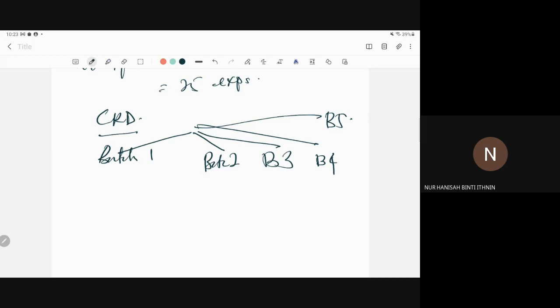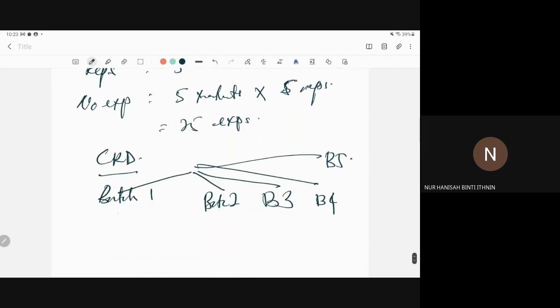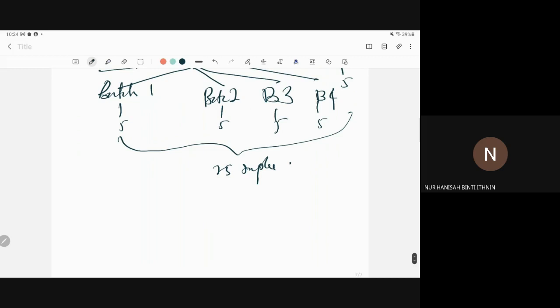For each, you have to prepare 5 samples. So in total, you have 25. And you may feel that this is too difficult because you have to handle 25 samples.